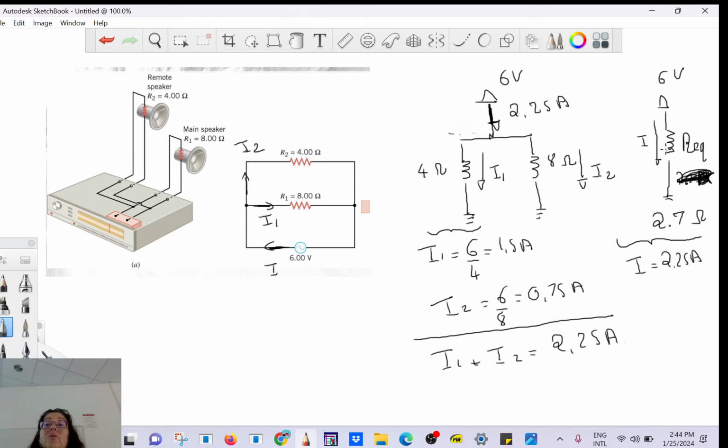So anyway, question 1, find the equivalent resistance. That's going to be 2.7 ohms. Question 2, find the current drained by the power supply. That's going to be 2.25. And I don't know what's the question. The power converted by each speaker. So a speaker is going to do two things.